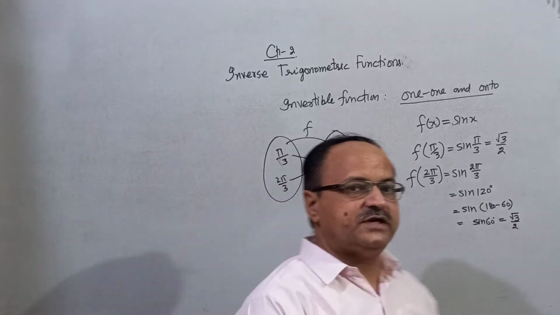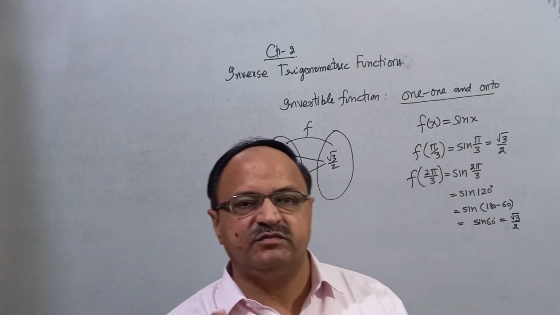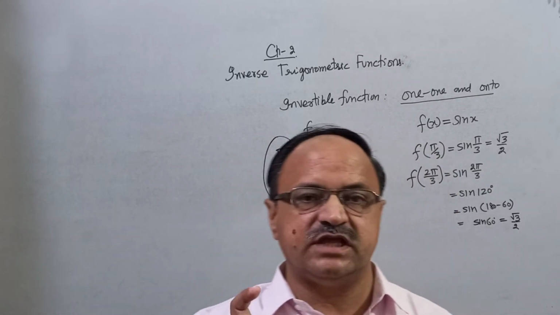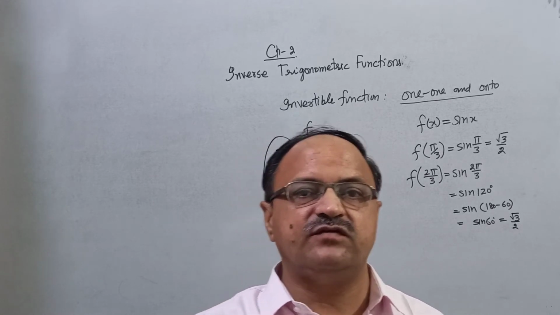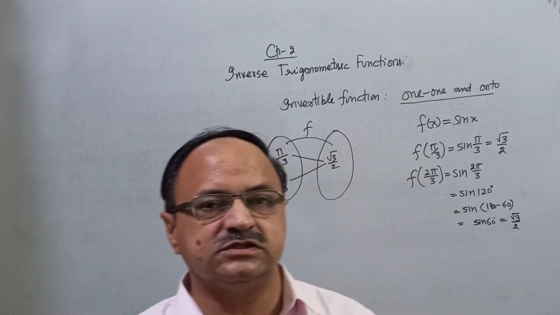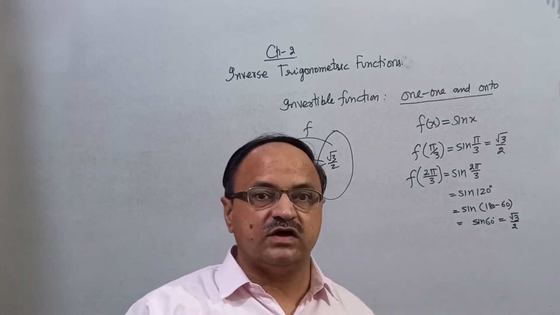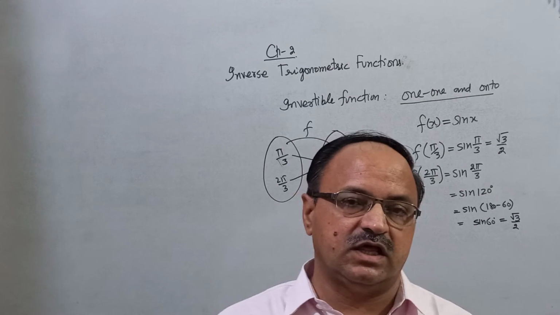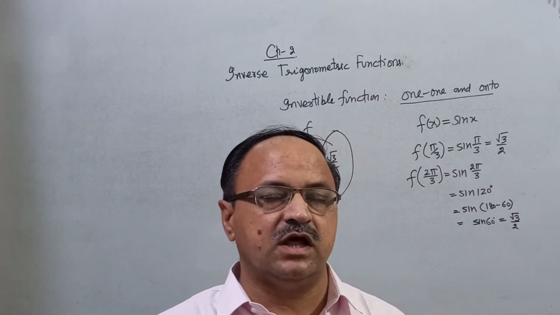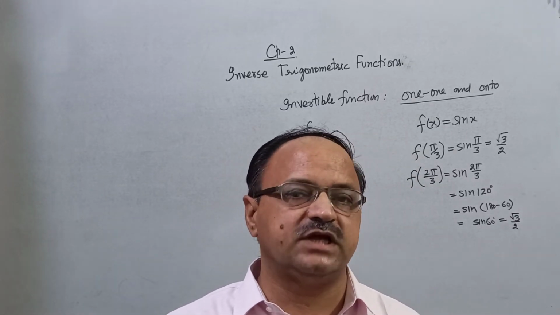Two different elements have the same image. Therefore, the function is not one-one. If the function is not one-one, how can you say that it is an invertible function?